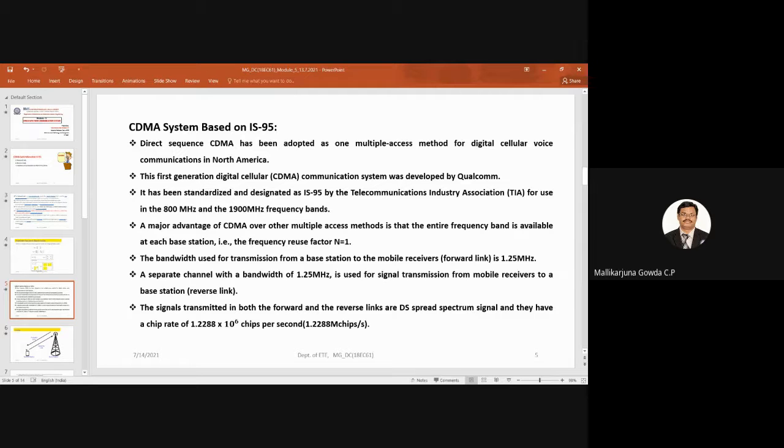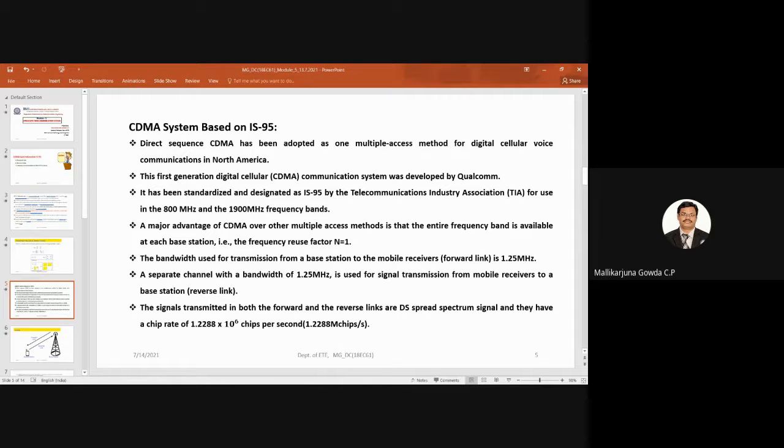And in case of TDMA system, every user can use the same frequency, but at different time intervals. So there are 10 subbands, and on each subband frequency, depending upon the frame structure, let us assume that 8 users can be accommodated.